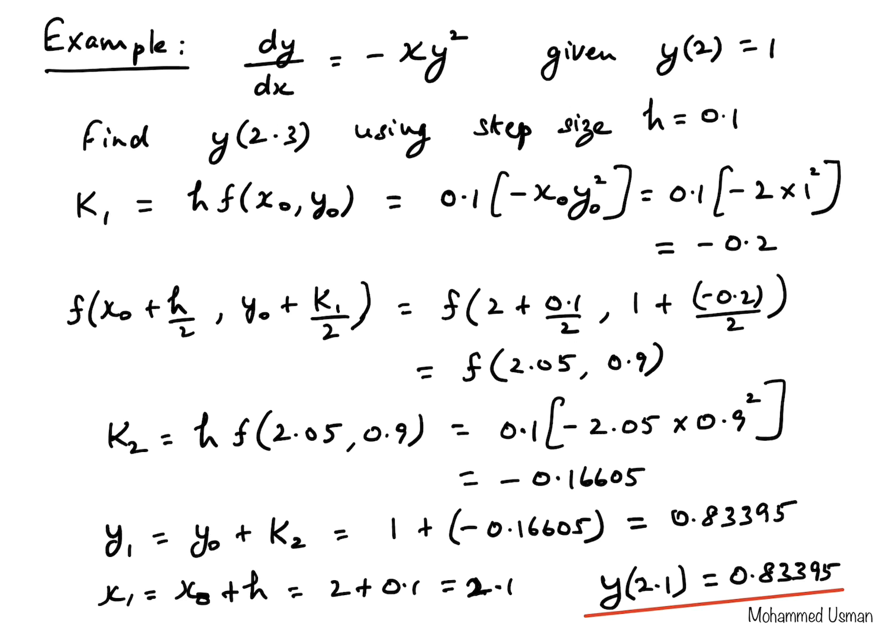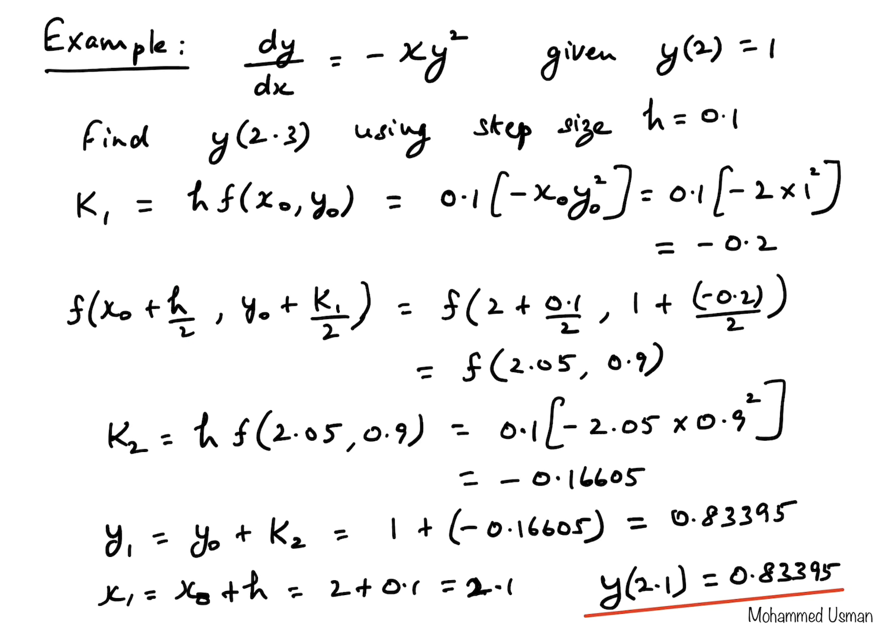So the question says, given y of 2, find y of 2.3 using the step size. Okay, and what we notice is in each iteration we are computing an intermediate slope which is half the step size away from the initial point, right? So h by 2 indicates that we have gone half the step size.